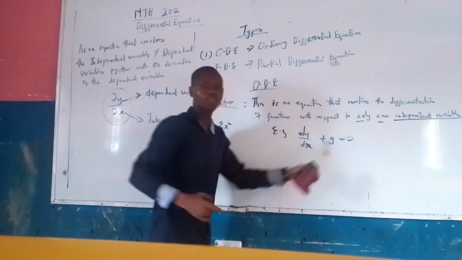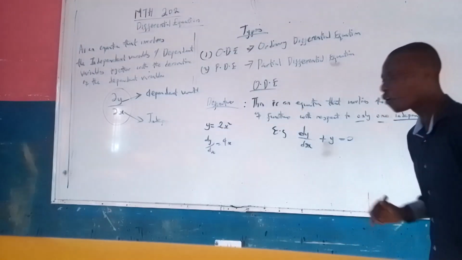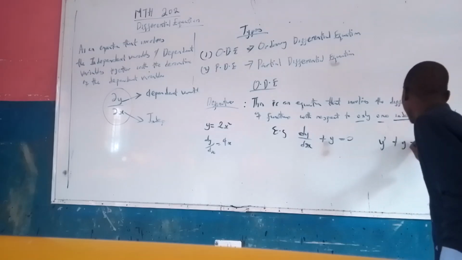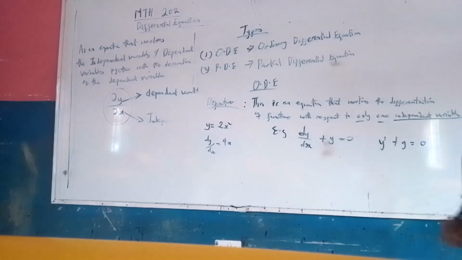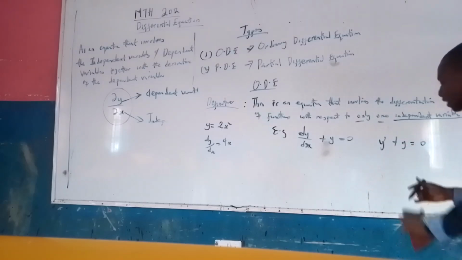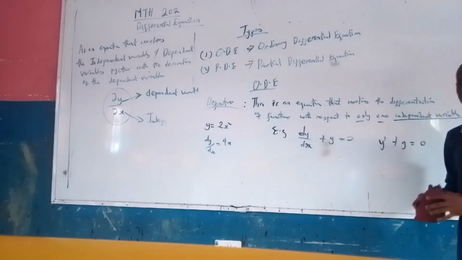I can write dy/dx plus y equals 0 in a linear form as y prime plus y equals 0. It's still the same thing. It shows that I'm differentiating with respect to x, just only x.